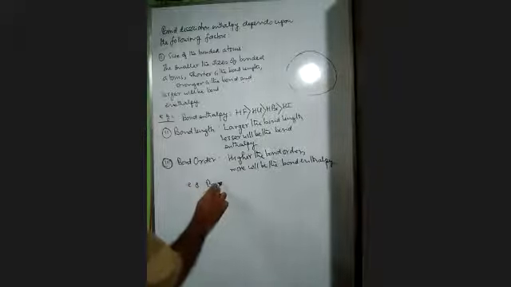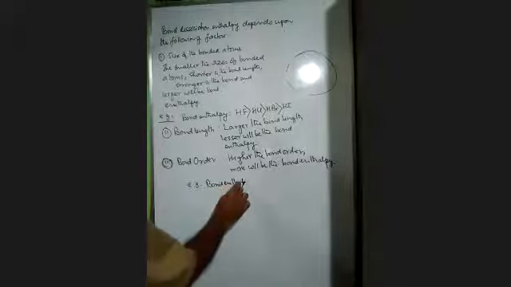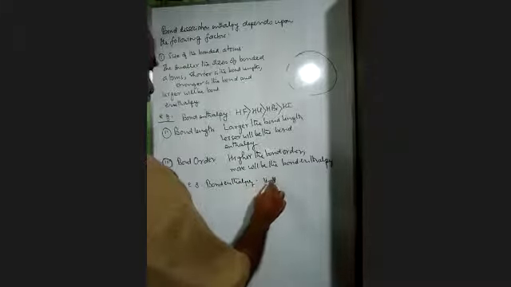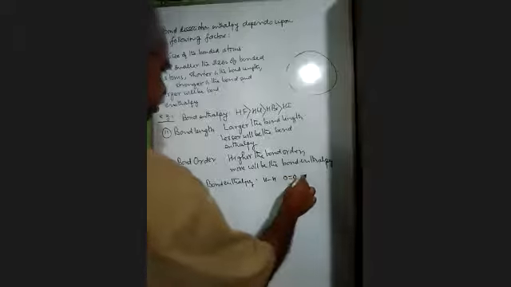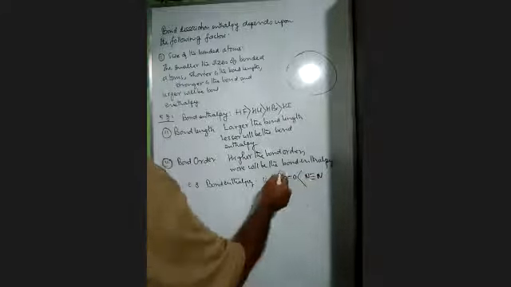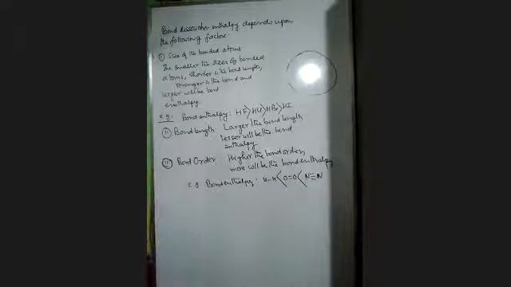So these are the 3 factors you have to take into account. What example can we write now? Example is bond enthalpy. Suppose I have written here hydrogen, hydrogen, oxygen, oxygen, nitrogen, nitrogen. So this is the bond order, and the bond enthalpy will be like this.